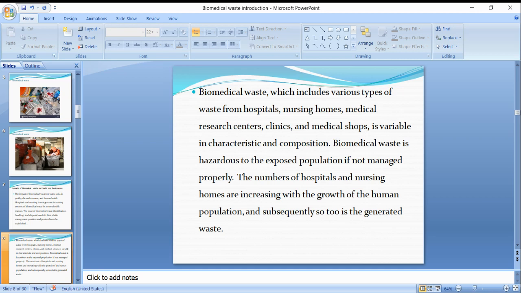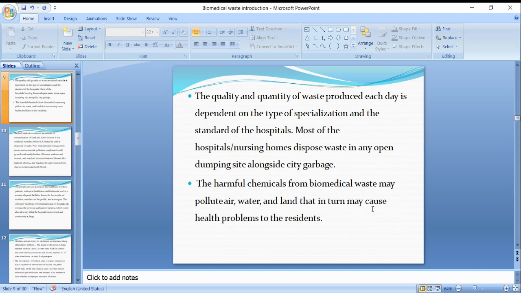The number of hospitals and nursing homes is increasing with the growth of the human population, as we have already said, and subsequently the generation of waste is also more. The quality and quantity of the waste produced each day depends on the type of specializations and the standards of the hospitals.